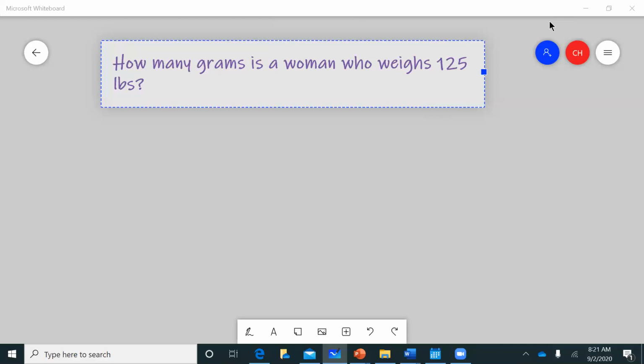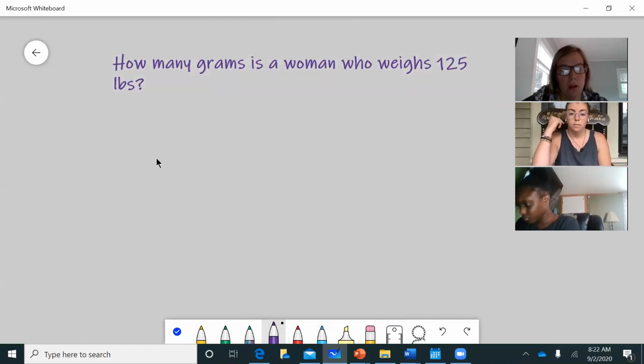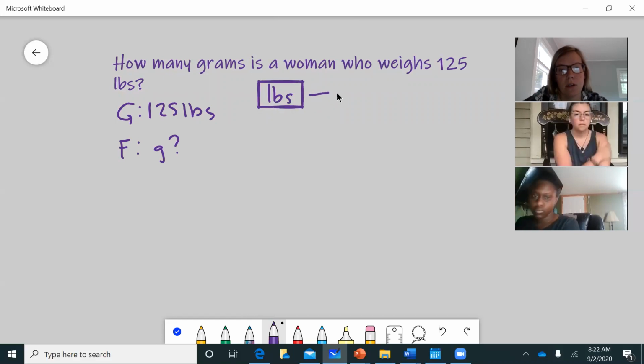All right. So this guy, pretty simple in that it's really just a one-stepper. So I've got my given, and we've got someone who's 125 pounds. Find grams. So pounds straight over to grams.